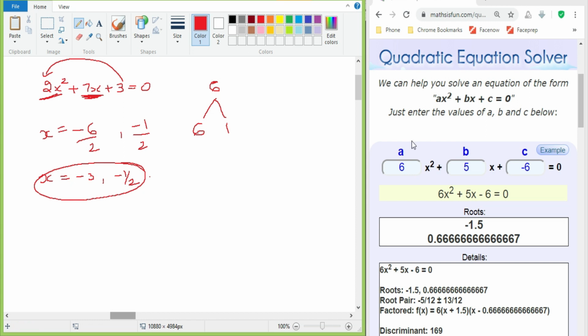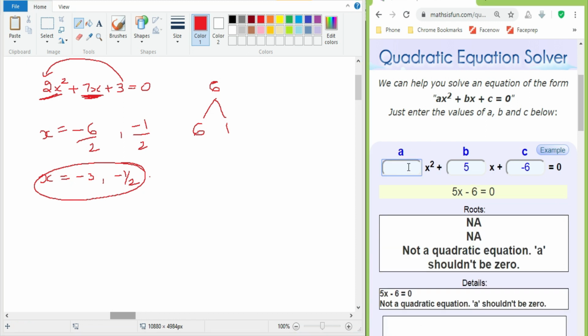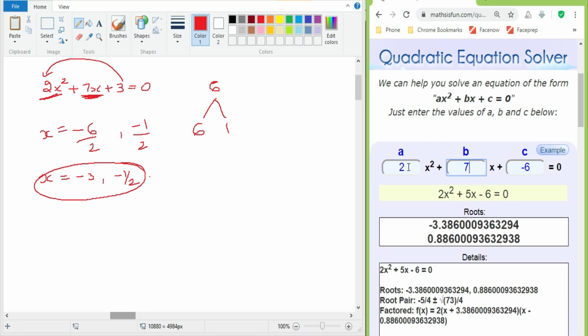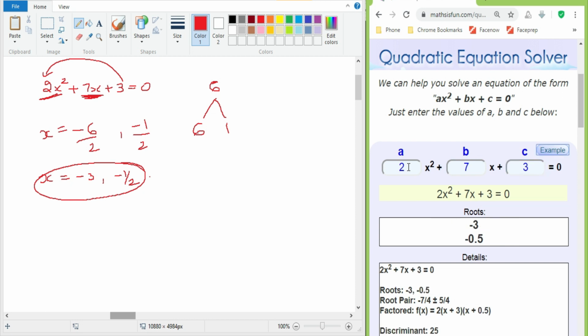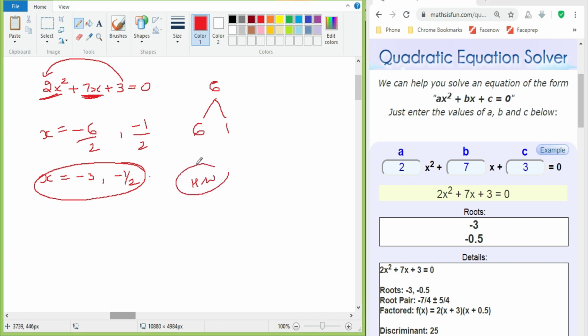So we'll just check the value here. It's 2, 7 and 3. Yes, the answer is minus 3 and minus 0.5. Clear, guys? Any doubts? Guys, just take this as homework, just for your practice.